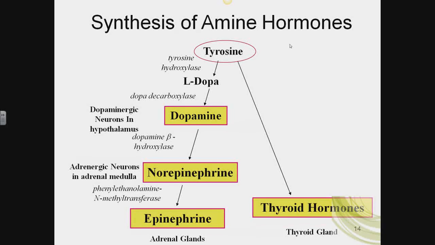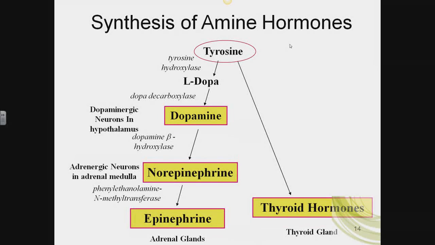Norepinephrine is mostly used as a neurotransmitter in the body, but some is released into the blood as a hormone. Most norepinephrine is converted into epinephrine, which is highly used as a hormone in the body, though there are areas where it's used as a neurotransmitter.